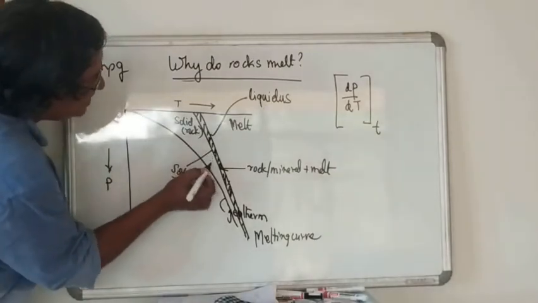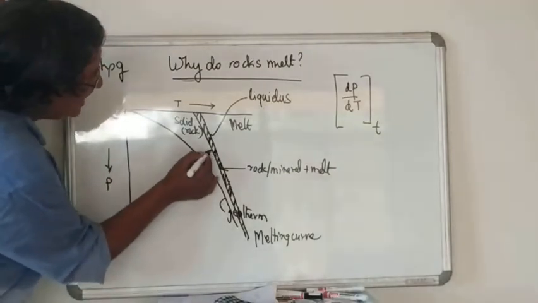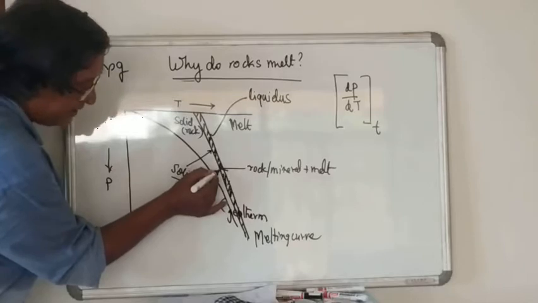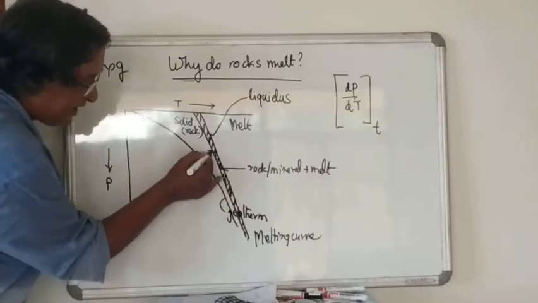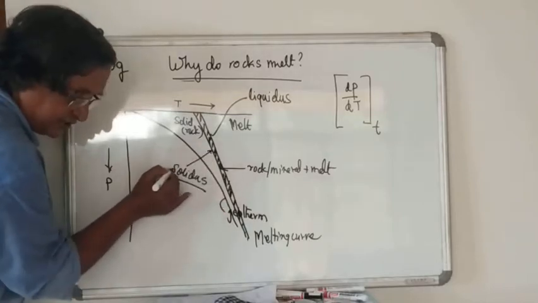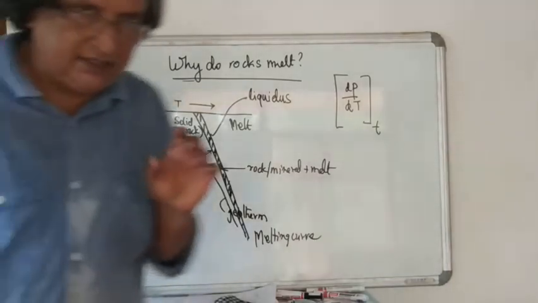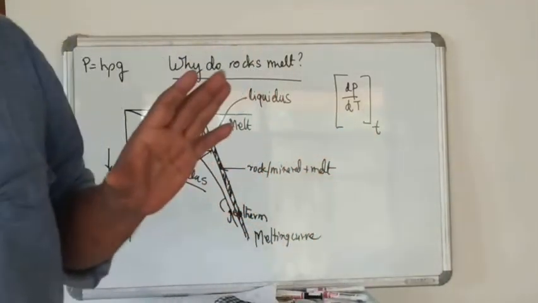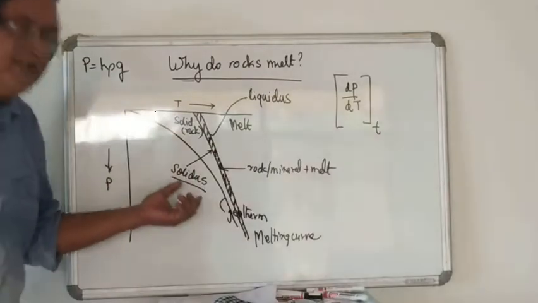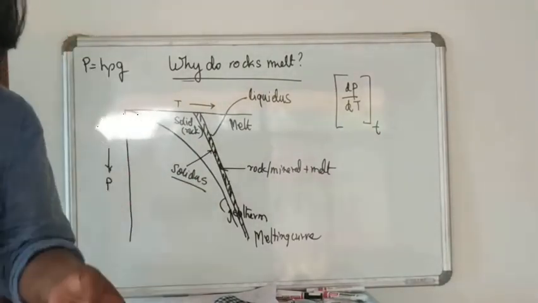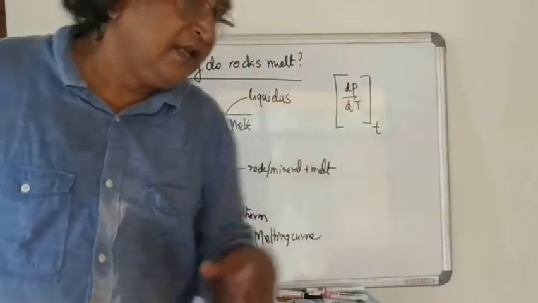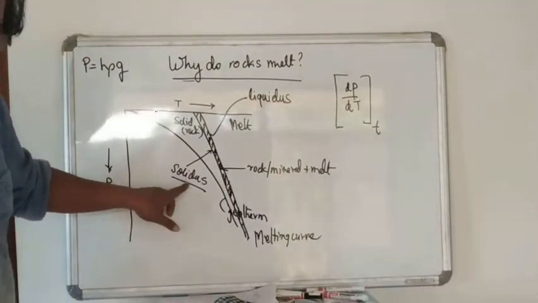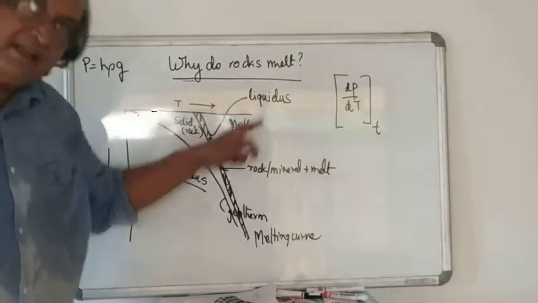And this line here, this is called the solidus because at temperatures lower than this, there are only solids, no melts. So this is called a solid saturation line, or in the old Latin, this is called the solidus, and this is called the liquidus.